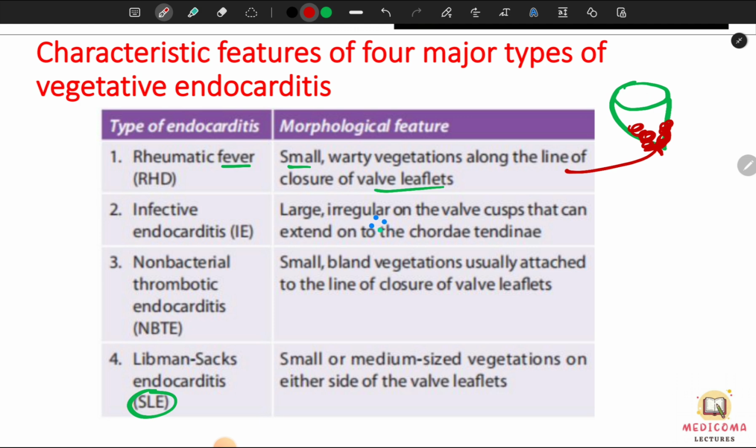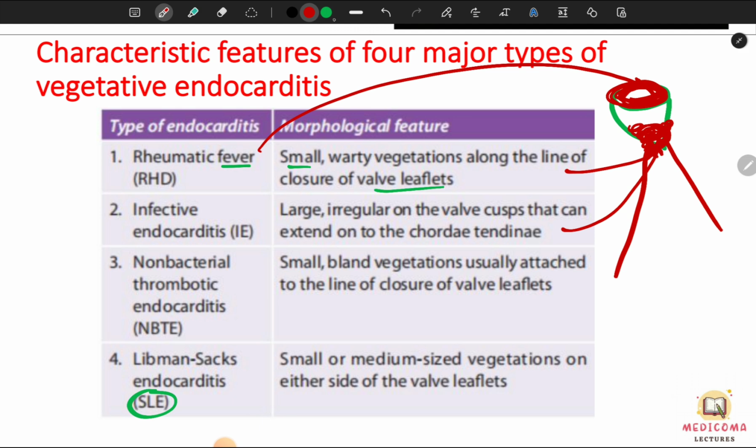Here we can see rheumatic fever, and here infective endocarditis. So line of closure we can see in rheumatic fever, and in infective endocarditis we can see it on the chordae. These are the chordae tendineae, the fibrous structures to which the valve leaflets attach. So they can also spread onto the chordae tendineae.